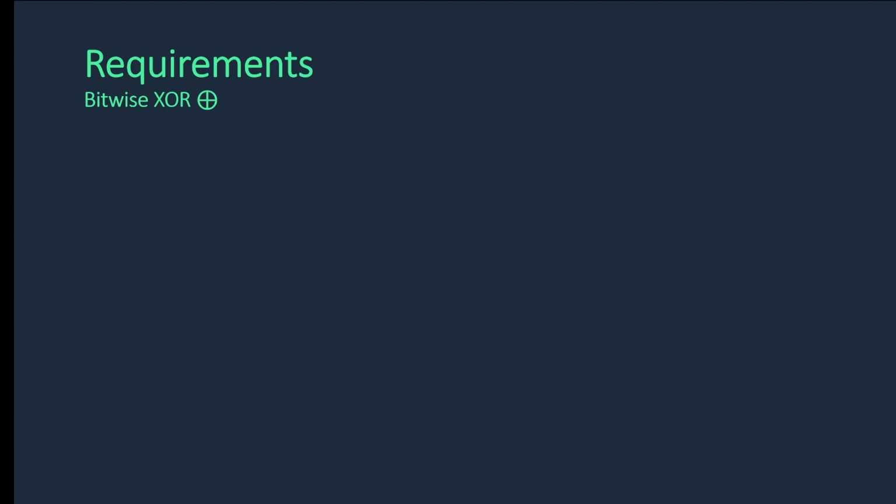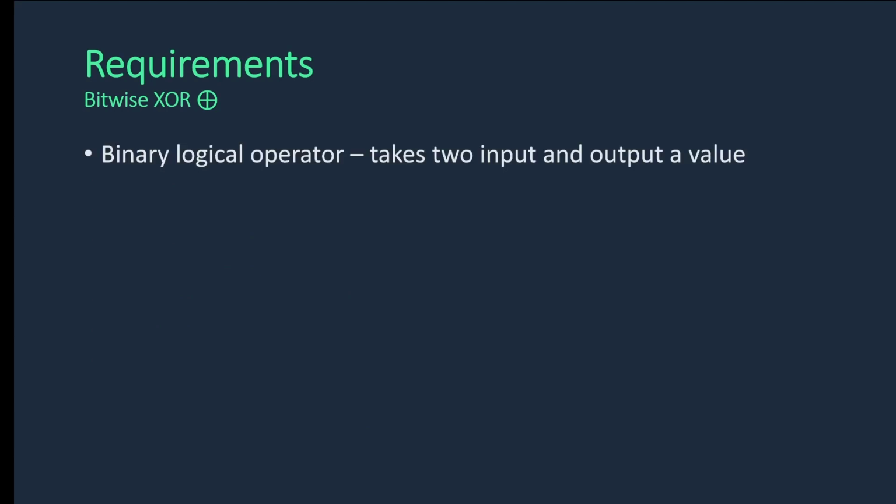So bitwise XOR operator, what is this? It is a binary logical operator, meaning it takes two inputs and outputs a value. It can be viewed as addition modulo 2.